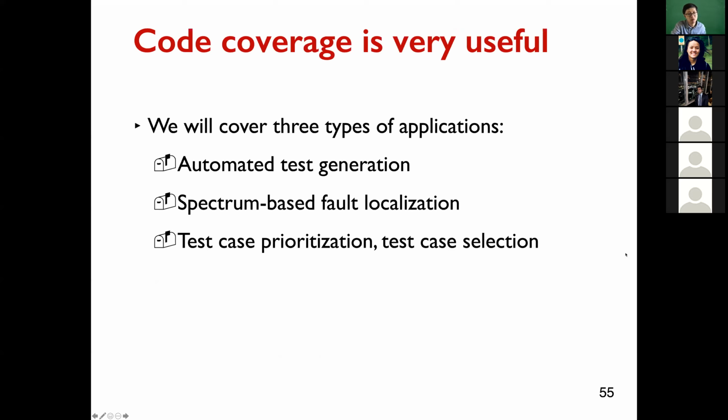Also, code coverage is very useful for other tasks. These include automated test generation, spectrum-based fault localization, test case prioritization, and test case selection. We'll talk about each of them briefly.